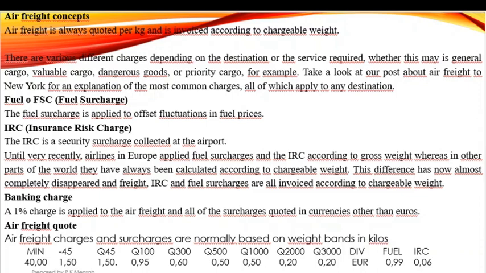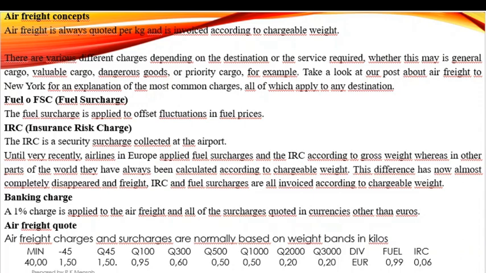So the minimum should be 45. Then from 100 and going, it has the charges. So this one is less than 45. So less than 45, it is 1.5. That is the air freight code, like the one I give you here.